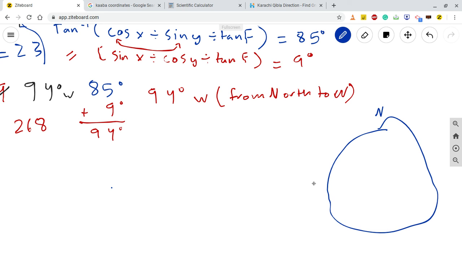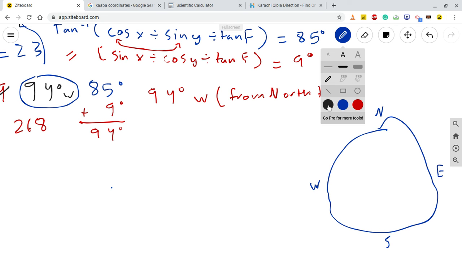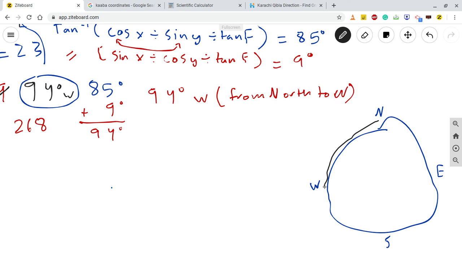This is west, this is south, and this is east. So in our direction, it's 94 degrees west from north to west. Let me represent ours in black. So from here till here it's 90, then a little more, so it's still here.